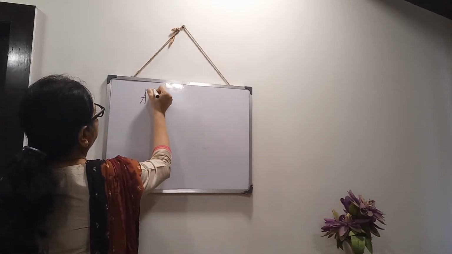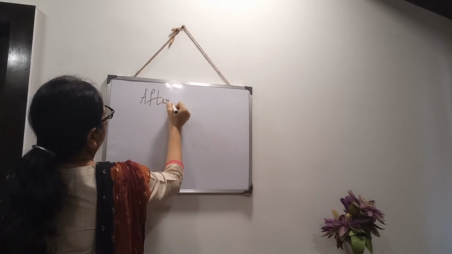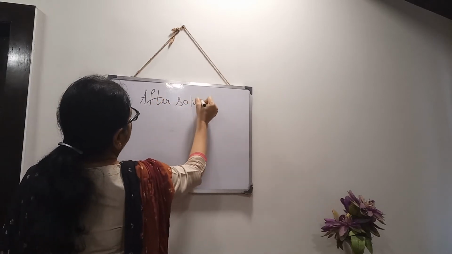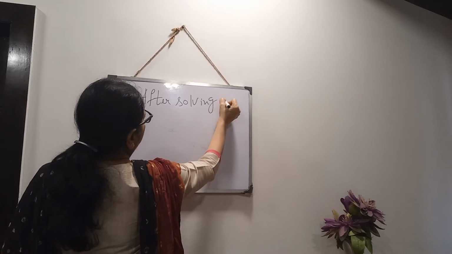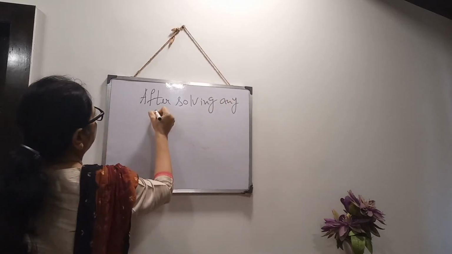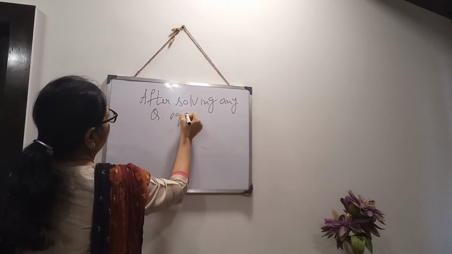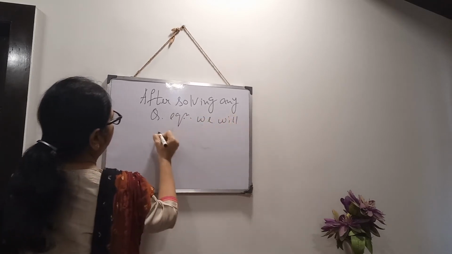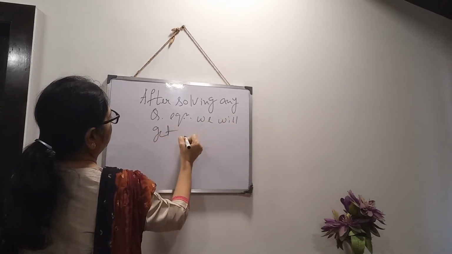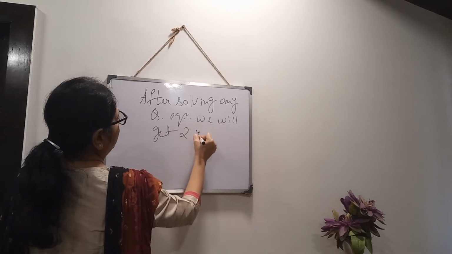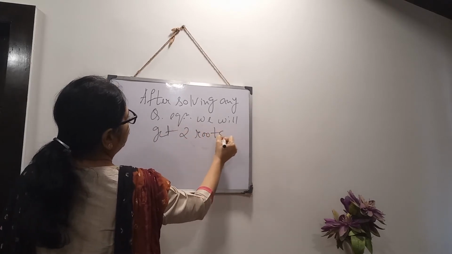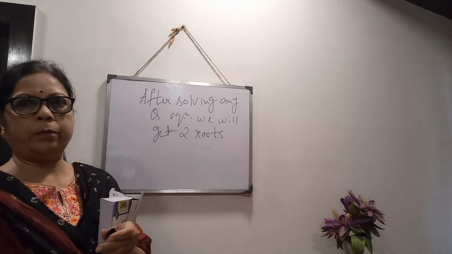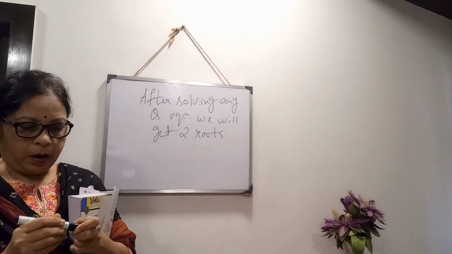After solving any quadratic equation, we will get two roots. Clear? That means two values of the unknown variable.